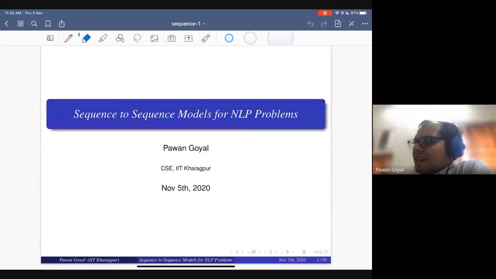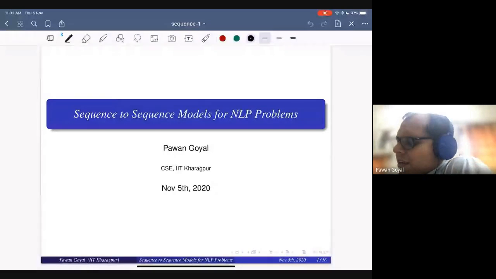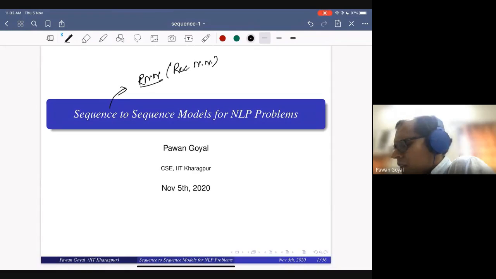Okay, so now let's begin this particular session. The topic I'm covering is sequence-to-sequence models for NLP problems. And here, when I say sequence-to-sequence, I'll focus mainly on RNN kind of models. These are the recurrent neural networks that have been covered already, and we will see how you use them for modeling sequence-to-sequence problems.